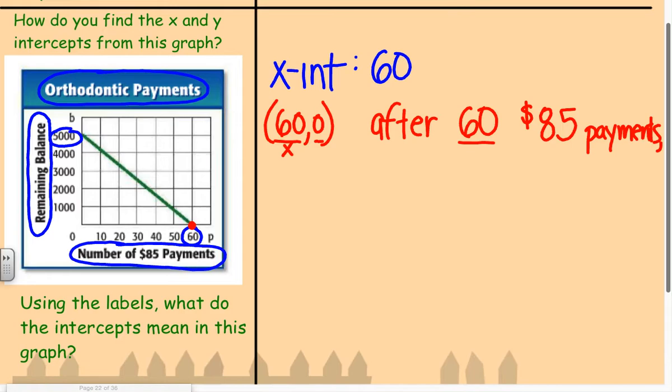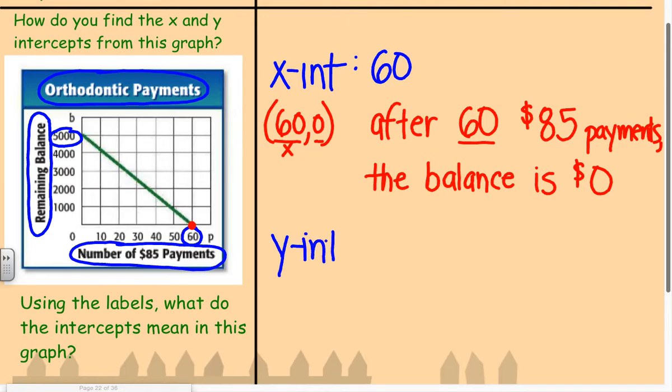So after 60 $85 payments, the balance is 0. So I've paid off my braces after I make 60 $85 payments. All right, and then the y-intercept. So my line crosses the y-axis right here at 5,000.